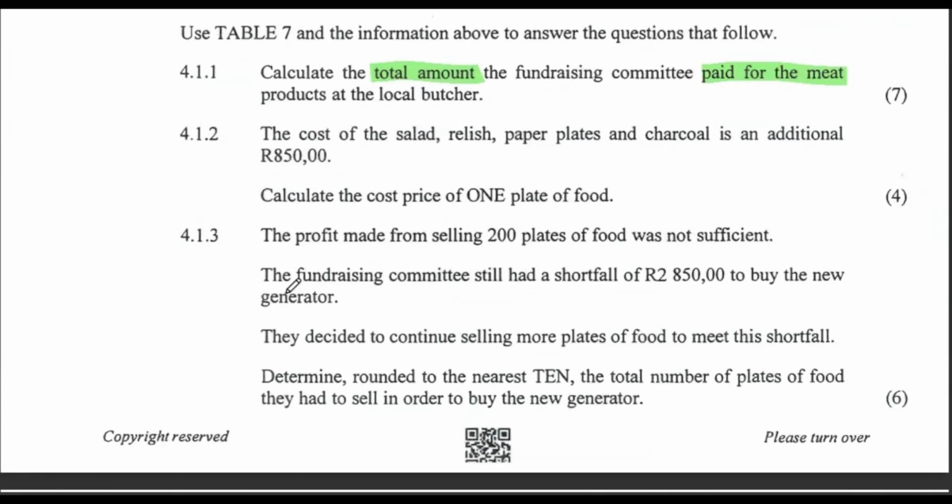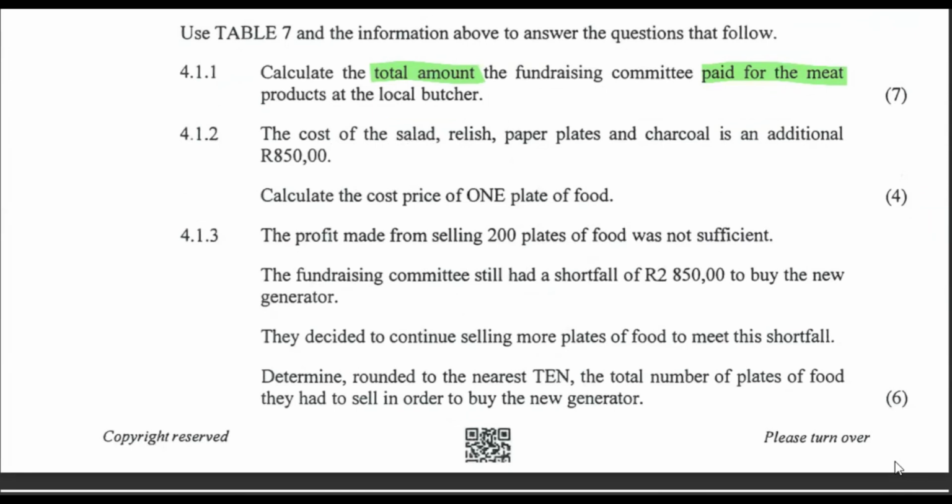4.1.2. The cost of the salad, the paper plate and the charcoal is additional, which is 850. Calculate the cost price of only one plate.